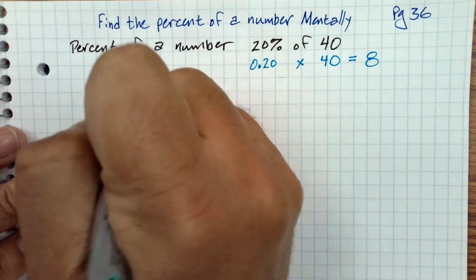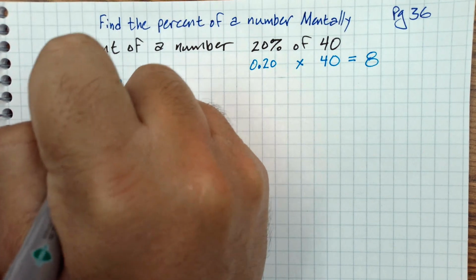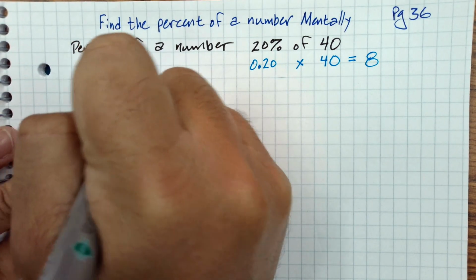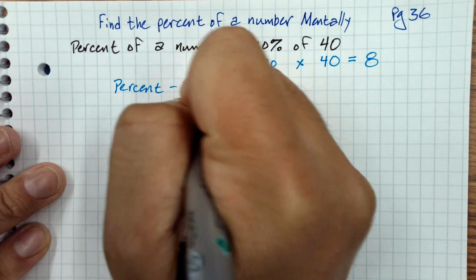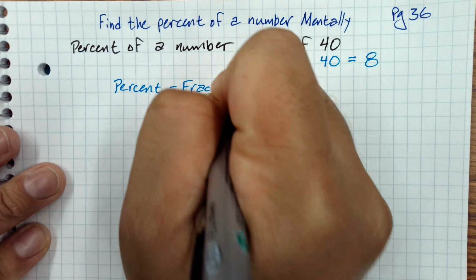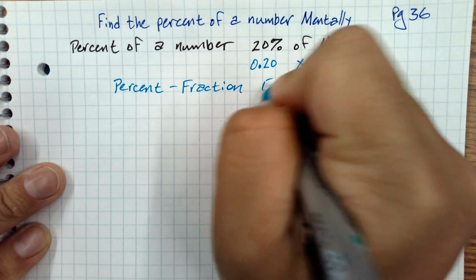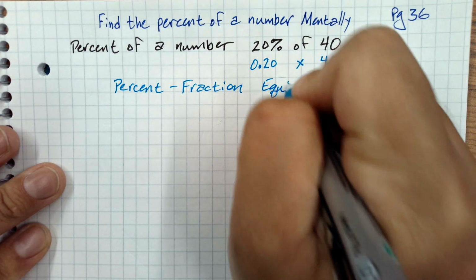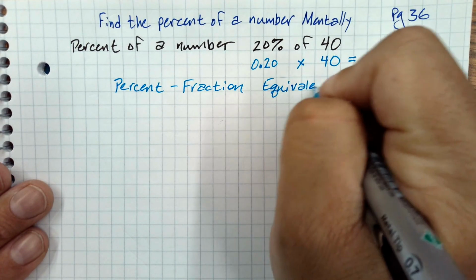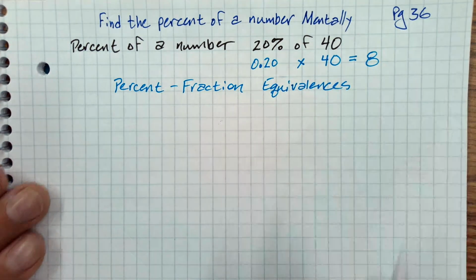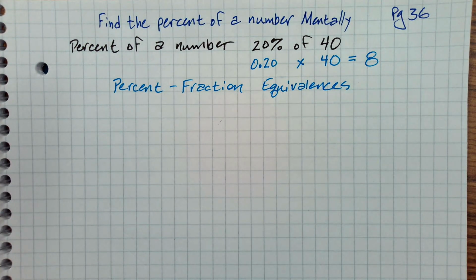So we're going to call this percent fraction equivalences. And maybe you know some of these. It's just common conversions from percents to fractions. So let me give you one, and I'll write it down.